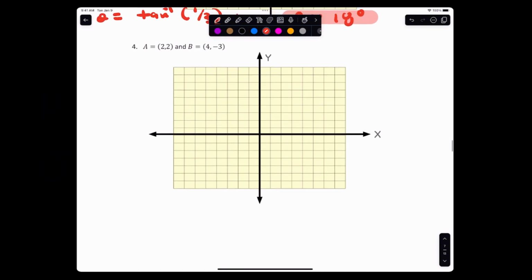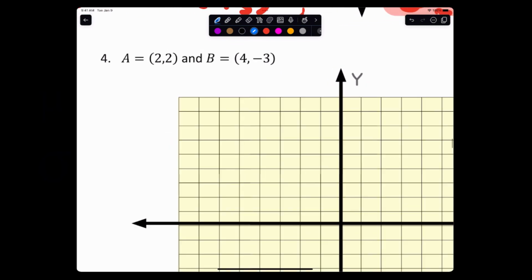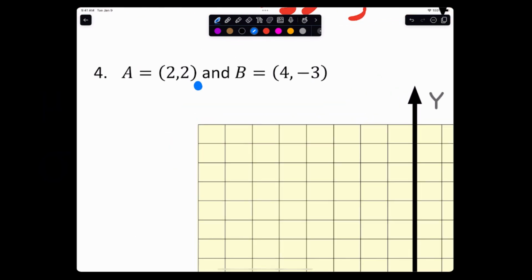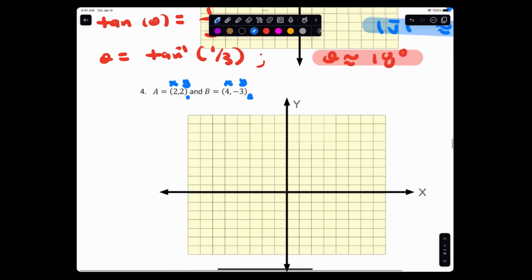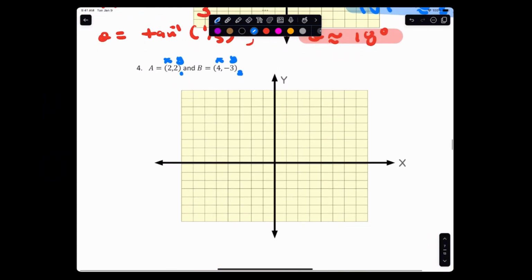Let's see, can we get the last one in, you think? Let's do the last one. First point, second point. X coordinate, Y coordinate. X coordinate, Y coordinate. X1 is 2. Y1 is 2.